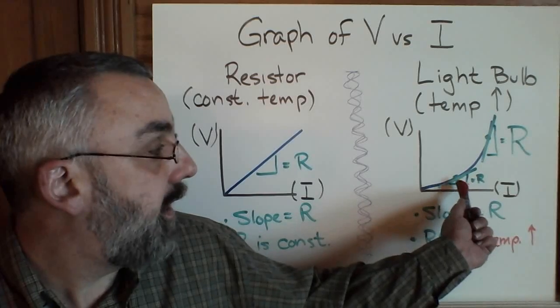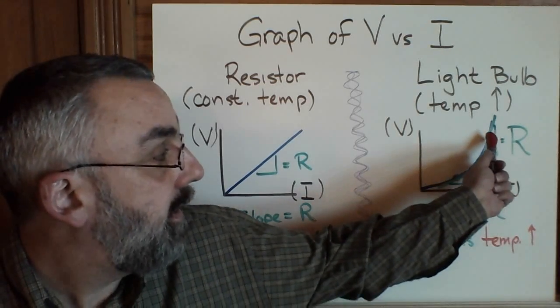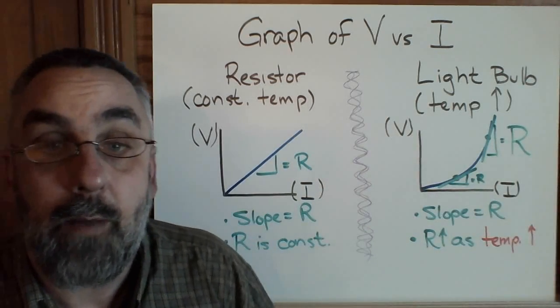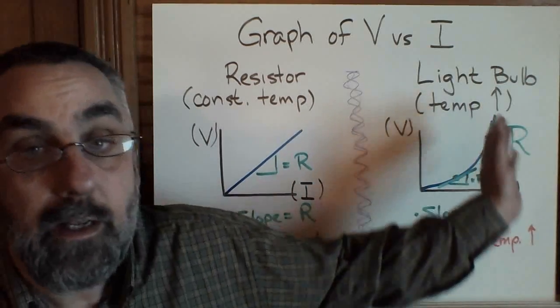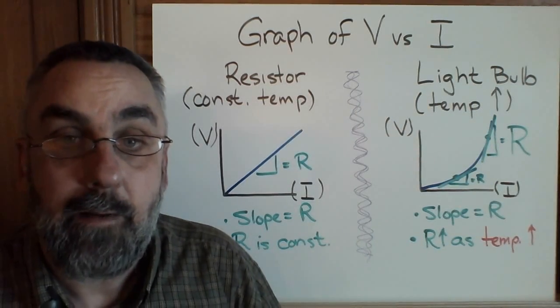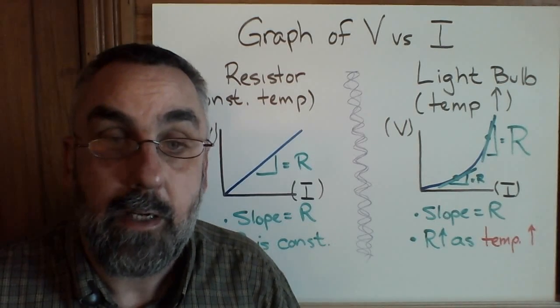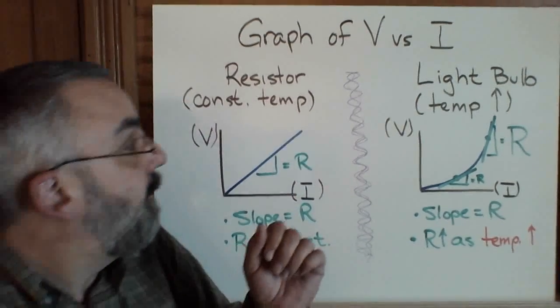So we draw the tangent line, and we get a small slope over here. When the current is larger, then we get a steeper tangent line, a bigger slope, a bigger resistance. So what we can see is that as the current is increasing, the resistance is increasing, and that goes right along with the increase in temperature that we talked about. The increase of resistance is due to the increase in temperature.